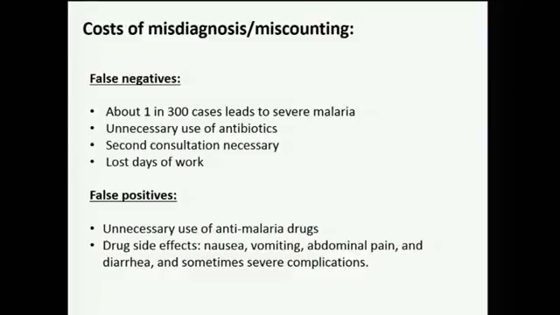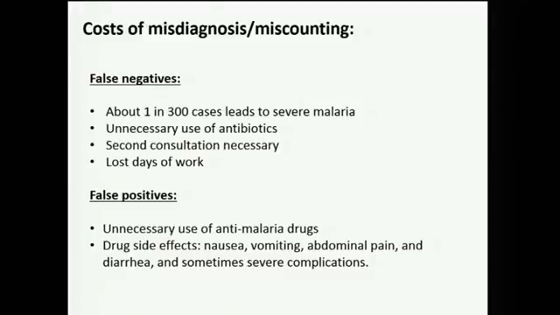Then another cost is unnecessary use of antibiotics, because if it's considered a flu and not malaria, you're giving the wrong drug, and that costs and has no effect. And of course, lost days of work, that has a direct economic impact. So even if persons are not dying, that has an economic impact, and you can count that in money. So there's a lot at stake here too.